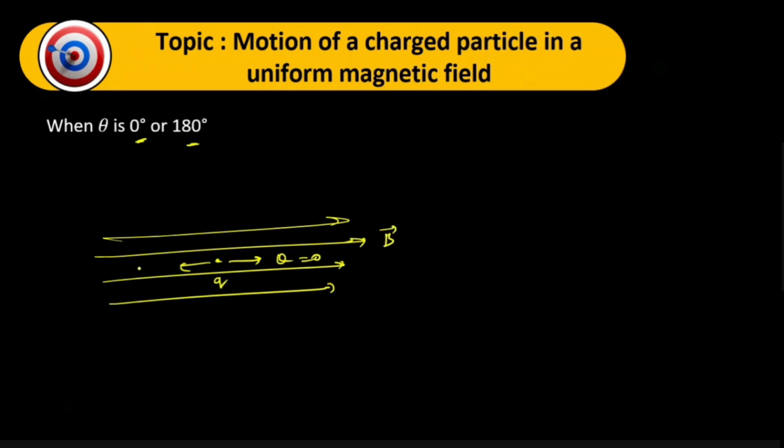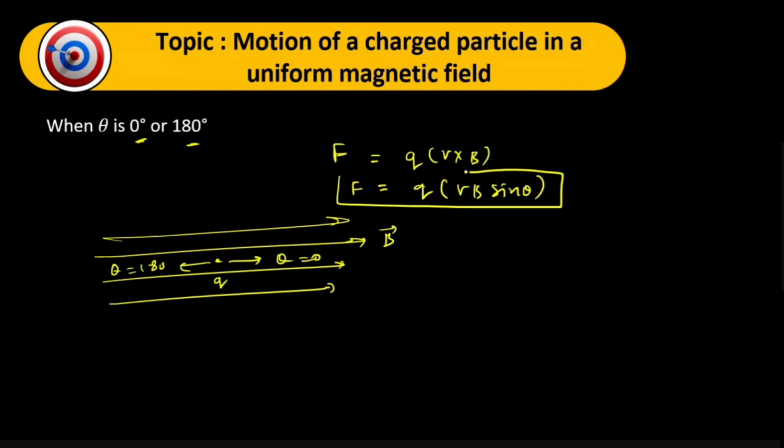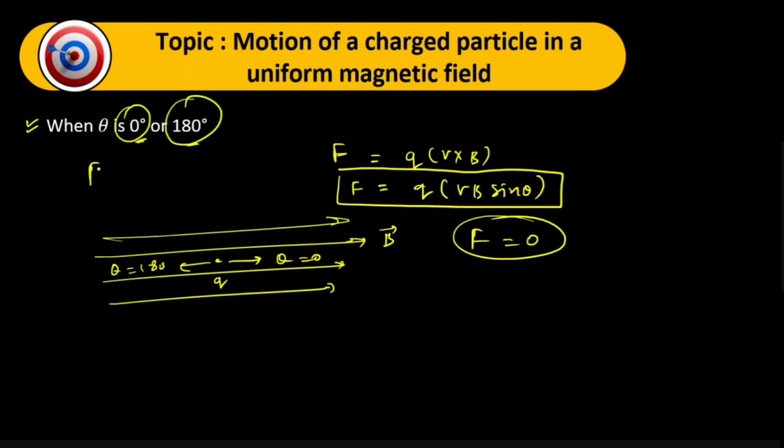If it is going this way, theta should be 180 degrees. So the force is QV cross B. When we remove the cross product, we get qvB sine theta. If we put the value of sine theta as 0 or 180, you'll get that force is 0. So if the charged particle enters the field at a 0 degree angle or 180 degree angle, the force experienced by the charged particle is going to be 0.